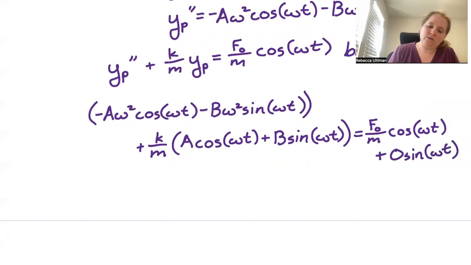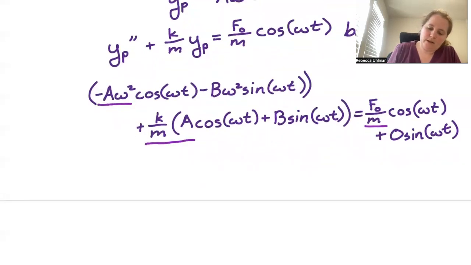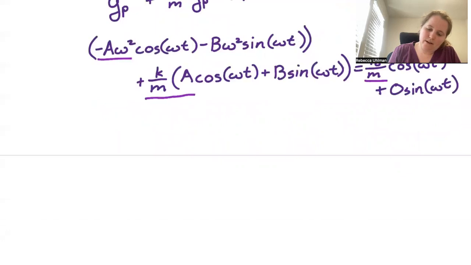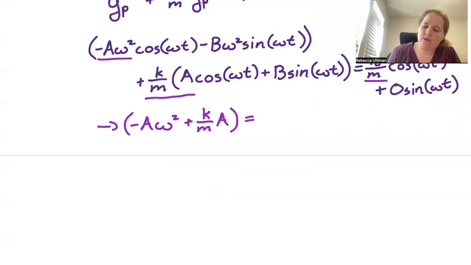So if we match our cosine coefficients, we have a negative a times omega squared and a plus k over m times a, all multiplying our cosine omega t. So that should match F naught over m. So we get that negative a times omega squared plus k over m times a should equal our F naught over m.